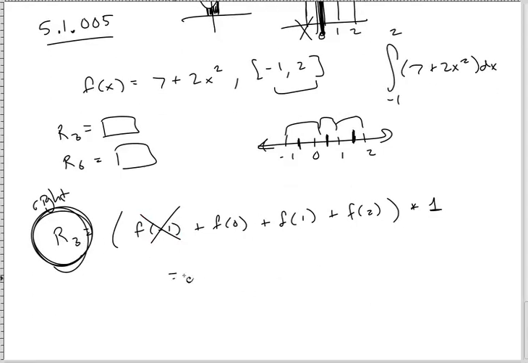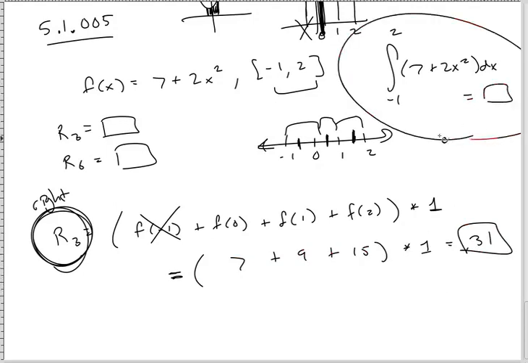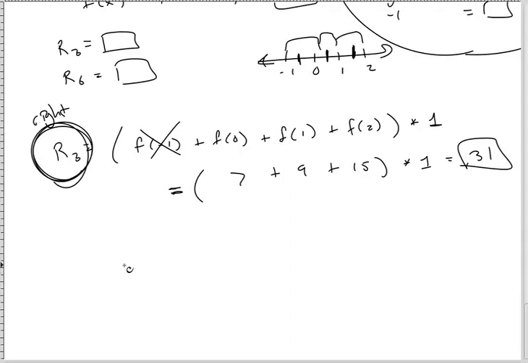So I was a little overzealous, and that's okay. I'm just making a point here that we are using all the numbers at some point, probably, but in this particular case, they only want the right. Plugging it in 7, 9, and 15, and then again all times the 1, and I got 31, which is the most inaccurate answer. We could have got a more accurate answer from doing it this way, and we would have been done a long time ago.